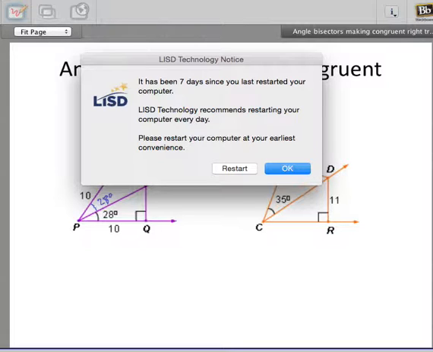And if I knew that these two were angle bisectors, then I would also know that this piece right here is congruent to this piece right here. So whatever those two are, the same. Same thing down here. If this is an angle bisector, then this is 35 degrees. This is 11, this is 11, and whatever this guy is going to be, the same thing. Angle bisectors.